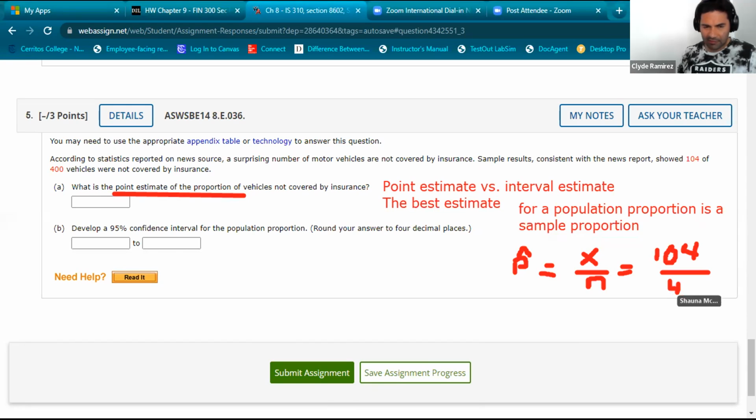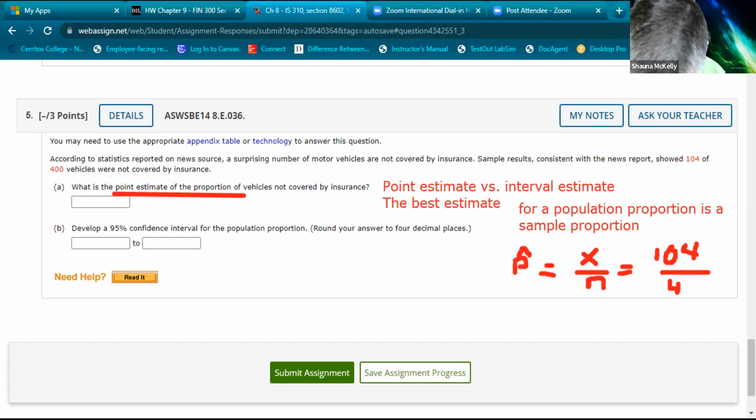I get 0.26. And that is, let me see, 104 divided by 400. I get that as well. So that's going to be 0.26, okay?